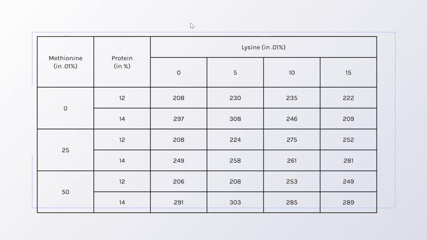So, nandito yung 4 levels of lysine, 0, 5, 10, and 15. And this is the unit. And this is the another factor and its levels, 12 and 14. And the methionine with a unit of 0.01%. And here are the levels, 0, 25, and 50.